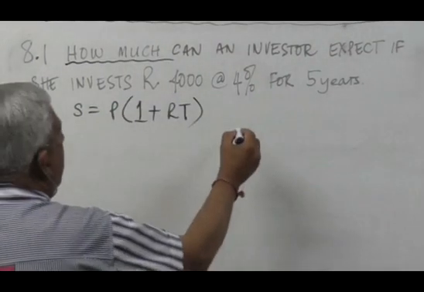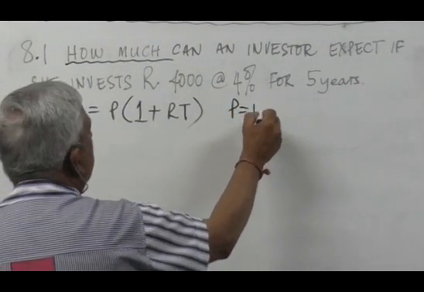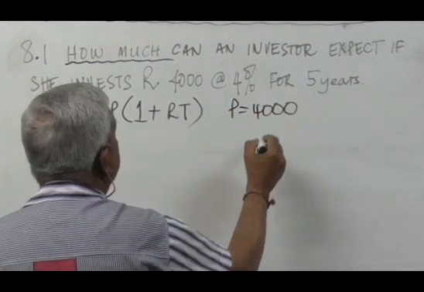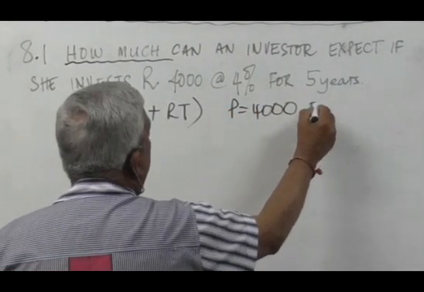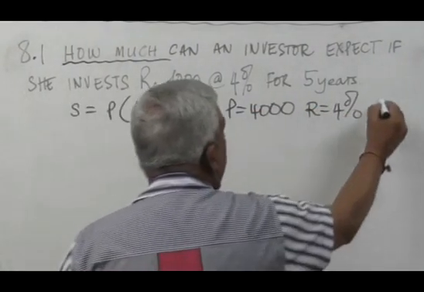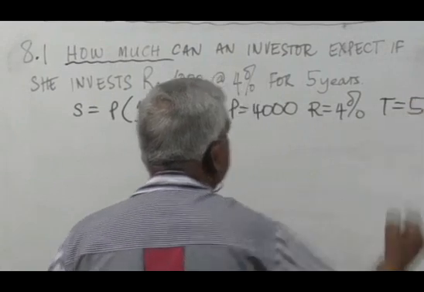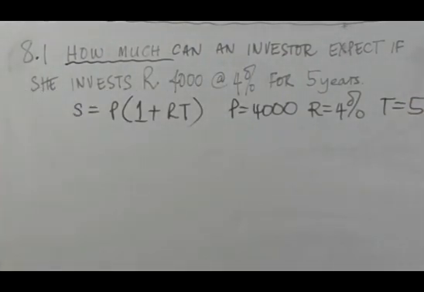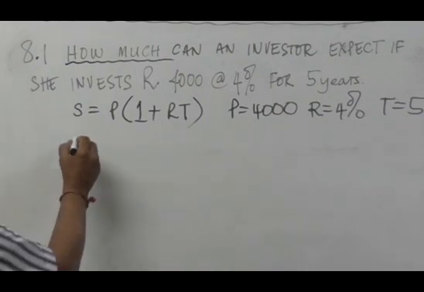Now if we look at this example, P is equal to 4,000. The rate is 4% and the time is 5 years. So the principal is 4,000, the rate is 4%, the time is 5 years. So you want the sum. We're trying to find the sum.